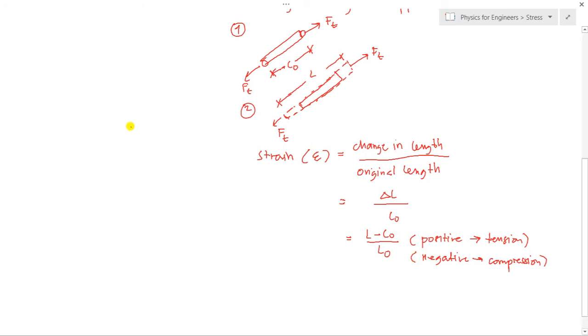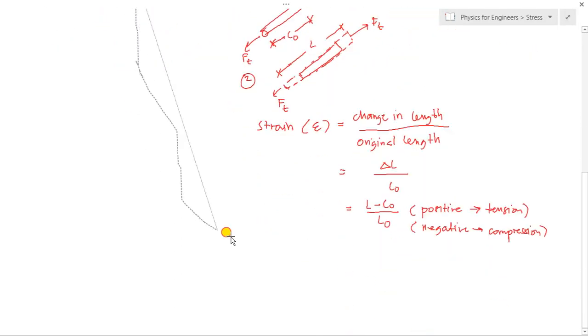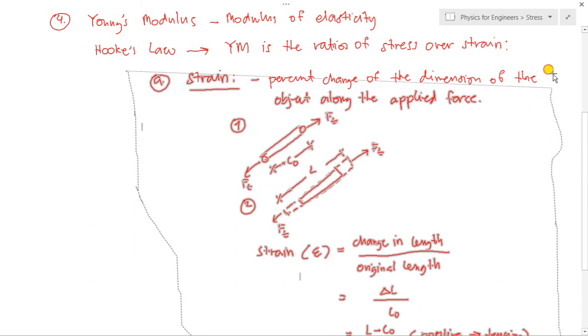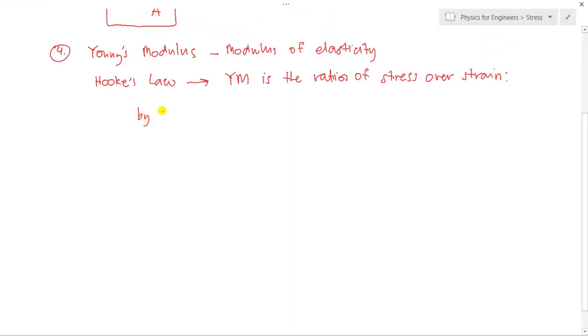Since we already have the principle for strain, we are ready to derive the formula for Young's modulus using the principle of Hooke's law. By Hooke's law, the Young's modulus, abbreviated as E, or modulus of elasticity, is dependent upon the property of the material.